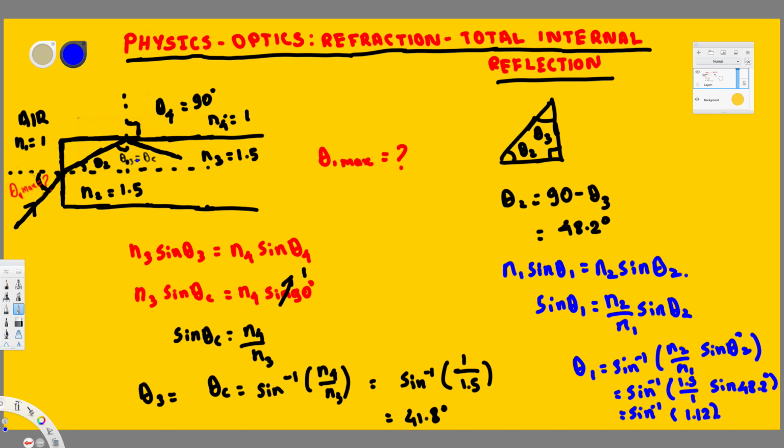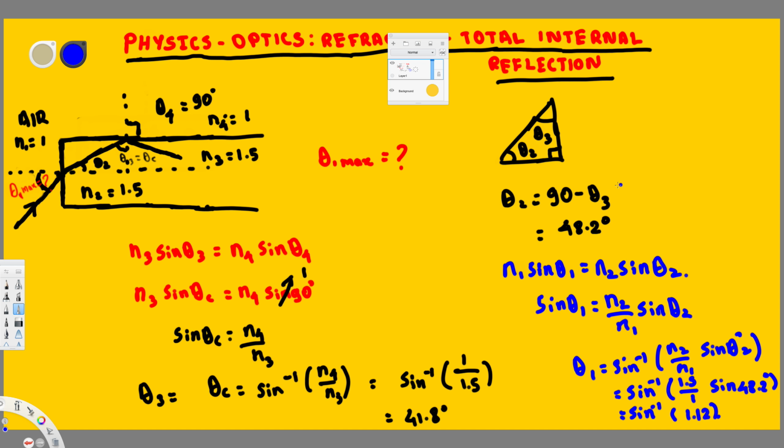Now let's see whether it is true. We can try it with 90 degrees. So let's plug in 90 degrees and see whether we get a number that is smaller than or equal to 48.2. If we take theta 1 as 90 degrees, we have to have theta 2 that is this number or less in order to have this light inside of this fiber optic cable.